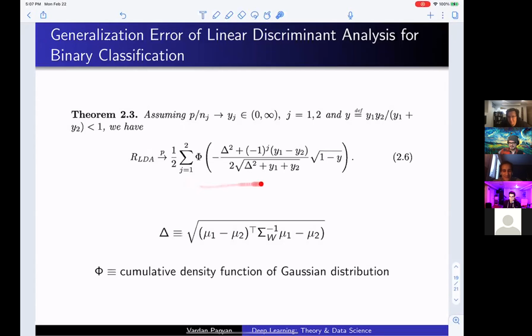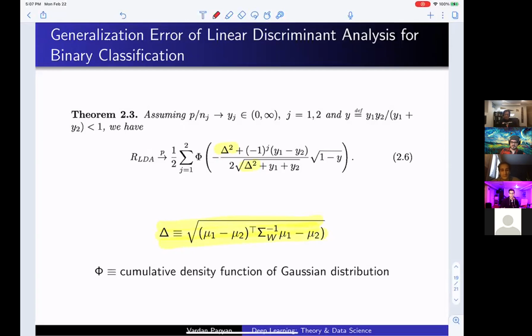Basically, notice that this whole thing is a function of truly one thing, right? The y is important, but truly the thing that's most interesting here is delta, right? Do you see delta, delta, delta? What is delta? Delta is defined this way. This quantity is mu1 minus mu2 multiplied by sigma_w to the minus half multiplied by mu1 minus mu2.